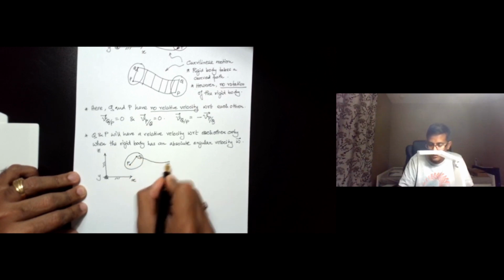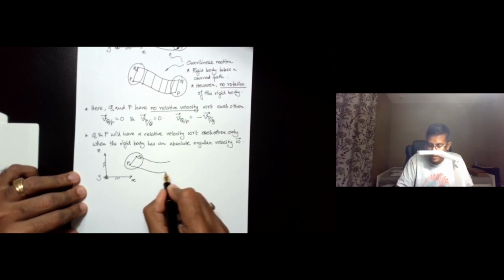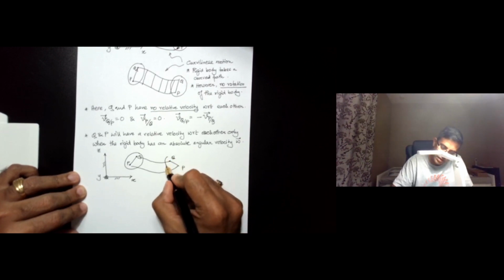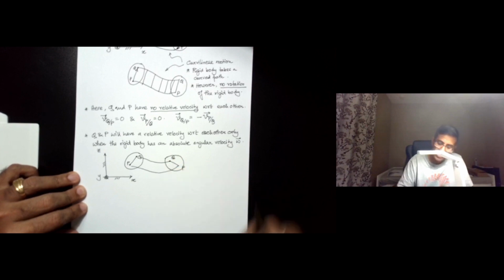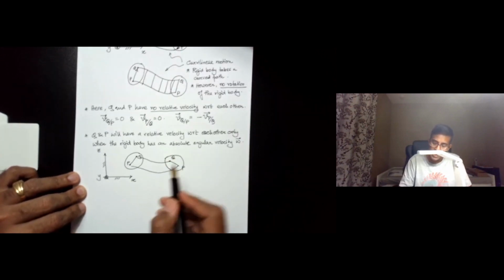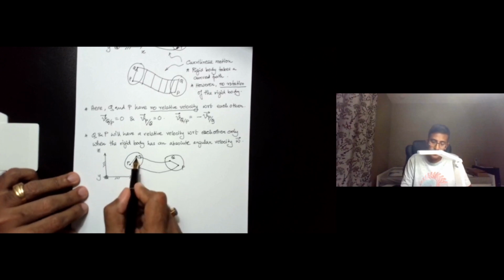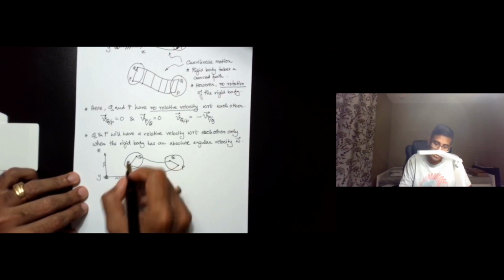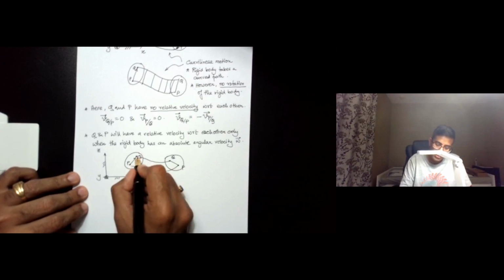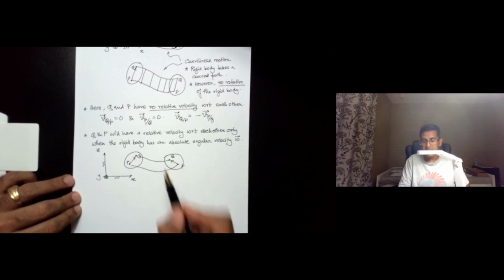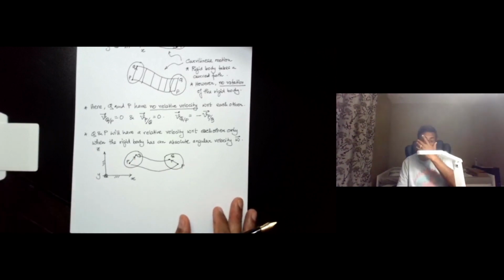Then the motion of the rigid body happens such that Q goes here, P goes here, and this is the new location and orientation of the rigid body. Now we see that the orientation of this line from P to Q has changed. If P to Q is this vector, and now P to Q is this vector, we see clearly that the vector has changed in its orientation.